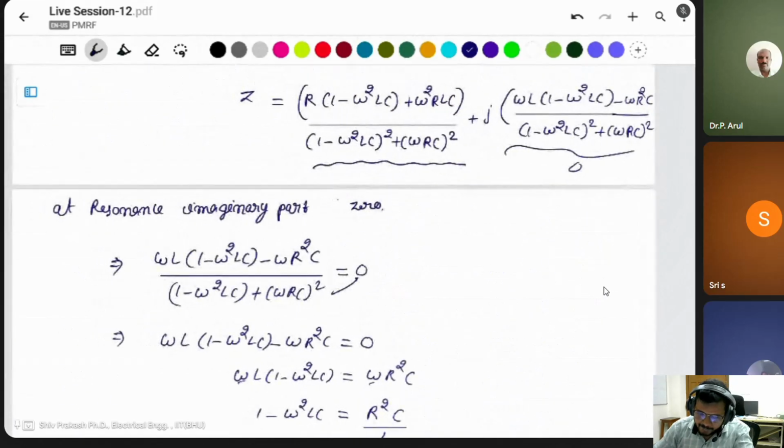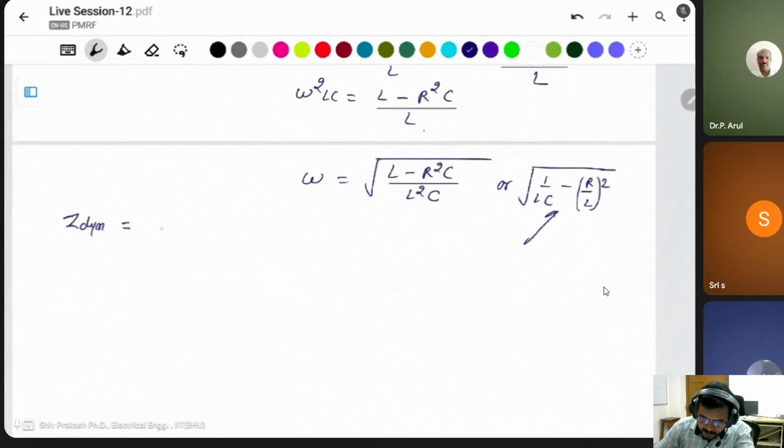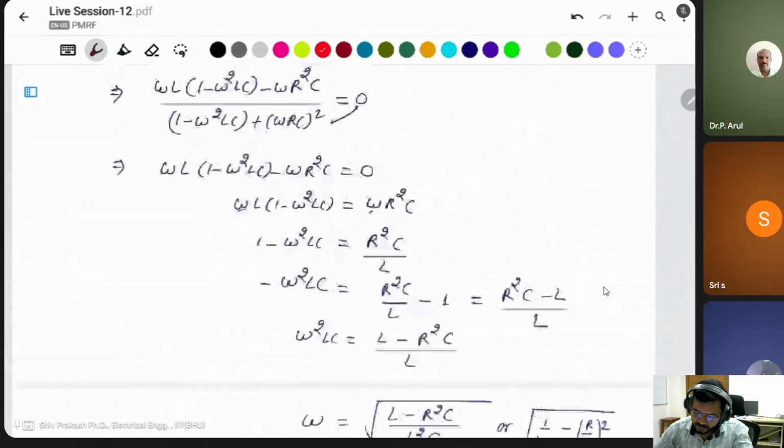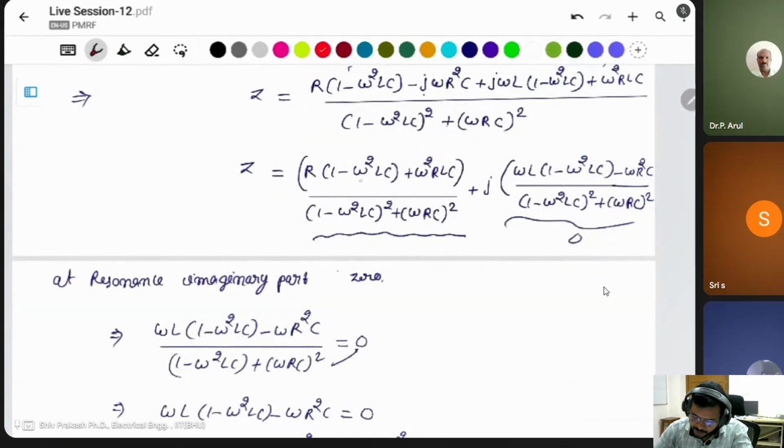This will be R. Real part is R minus half omega square RLC plus omega square RLC divided by 1 minus half omega square LC plus omega RC square. Actually, this thing is the same, that's why it will cancel out. If you multiply by R here, then this will be R minus omega square RLC, and this is omega square RLC. Both are cancelled out. Only this part is there.